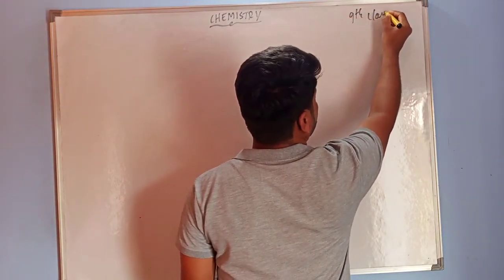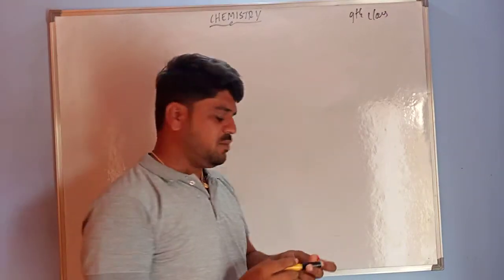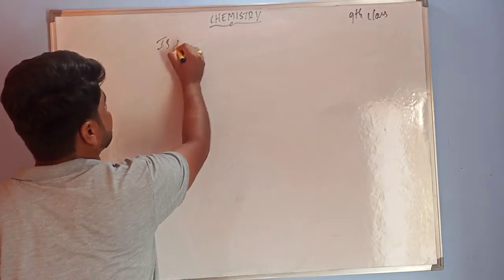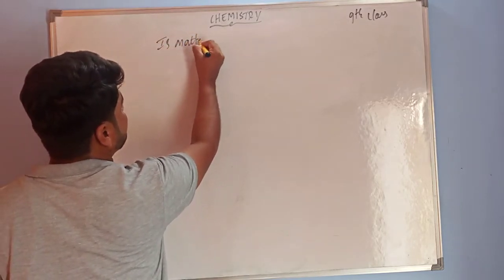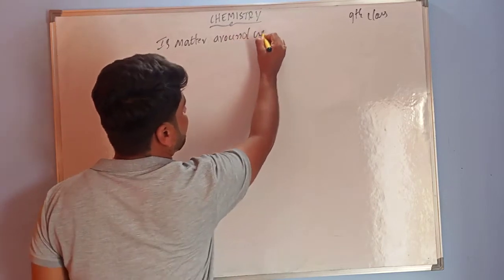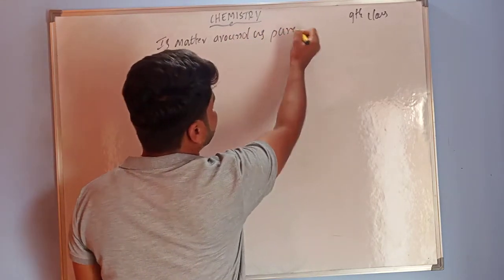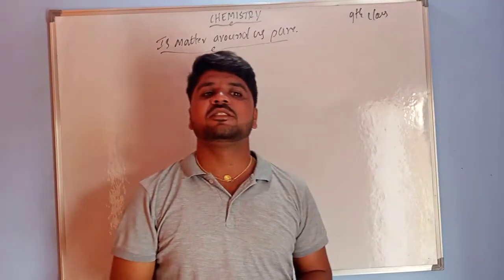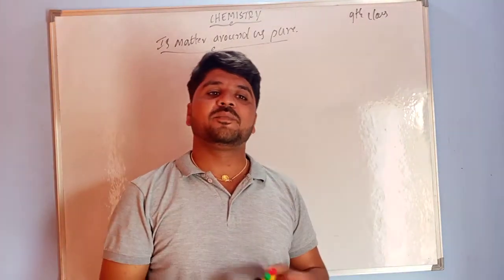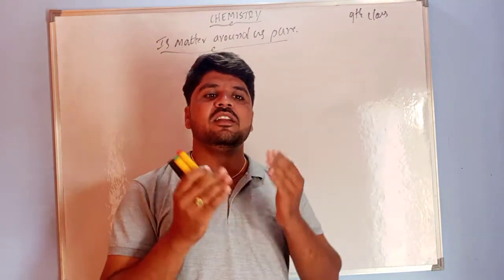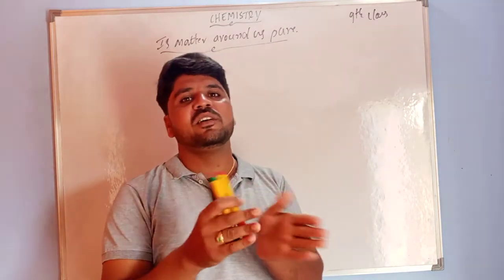Ninth class. Okay. So the chapter name is Matter Around Us Pure. In the last class we discussed how to separate a mixture of two immiscible liquids.